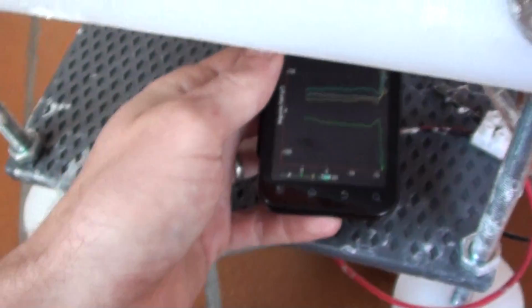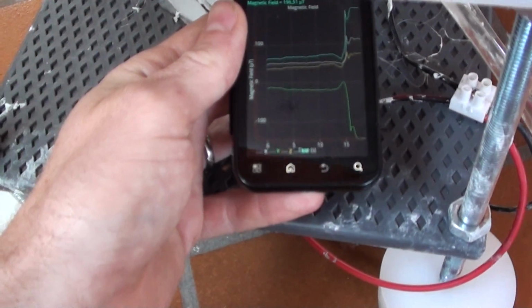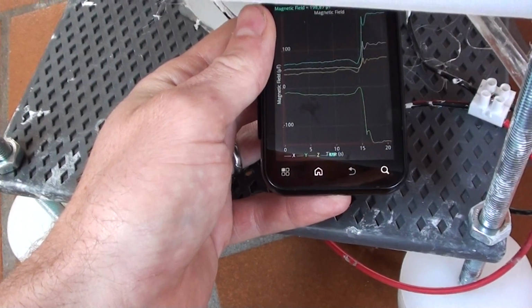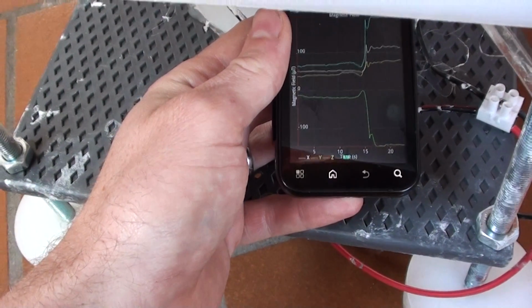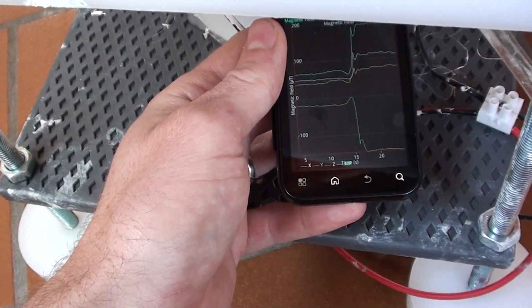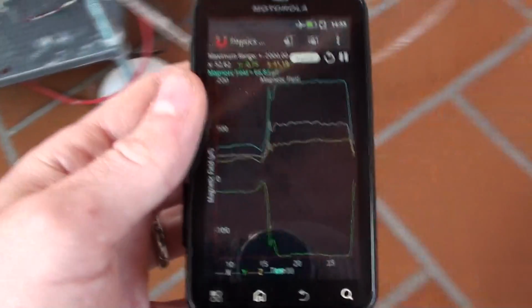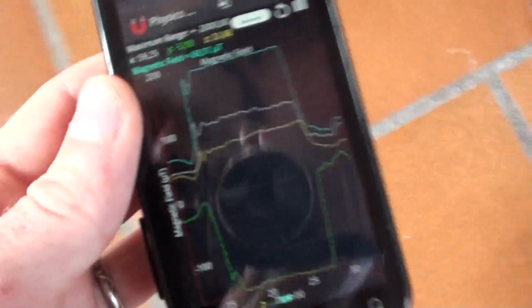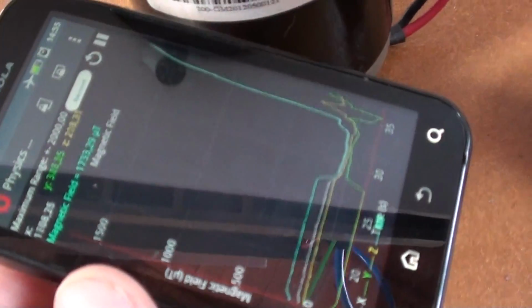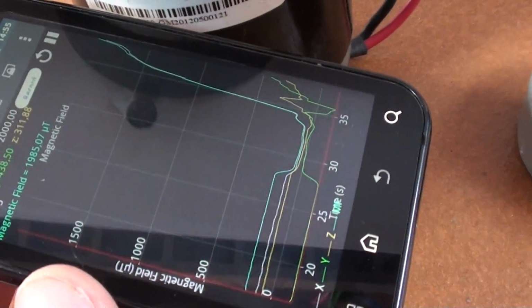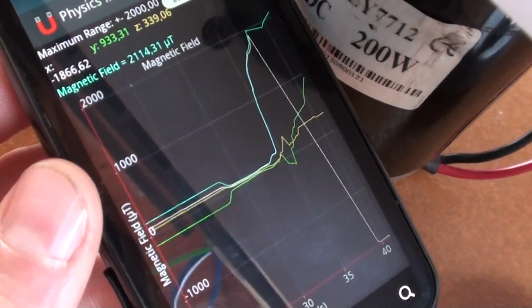So if we put this near the motor, we should see the periodic changes, and we don't see them. That means the motor is blocked. I will show you the difference with John's system. When we put this near the motor, what do we get?